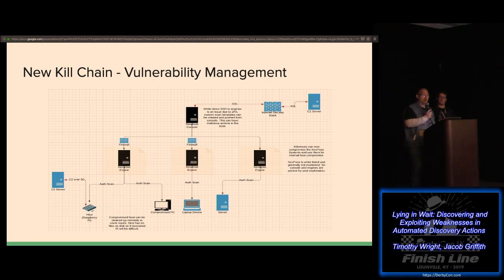So the new kill chain would be: after we've compromised a PC and have the drone running on a machine, we get the creds. If those SSH creds work on the vulnerability management tools themselves, then we can literally turn around and log into those platforms and use them as our area to work. Now with Nexpose, and I don't know if this is true in Nessus, on the scans you can actually have them do custom actions.